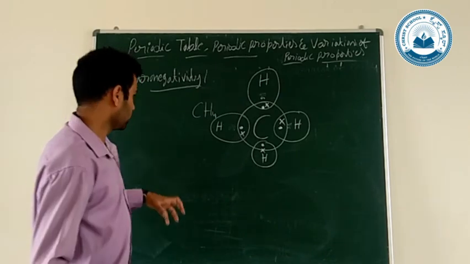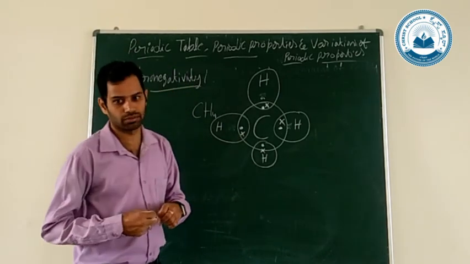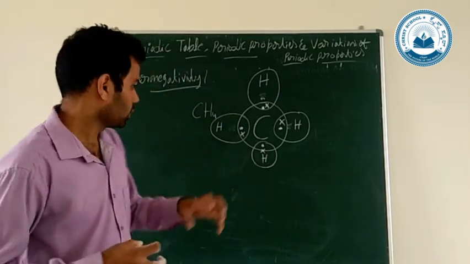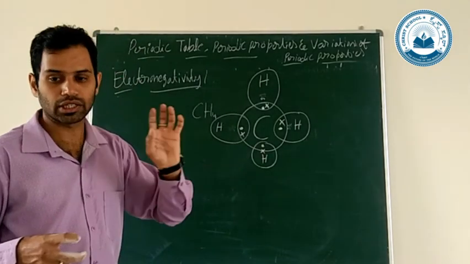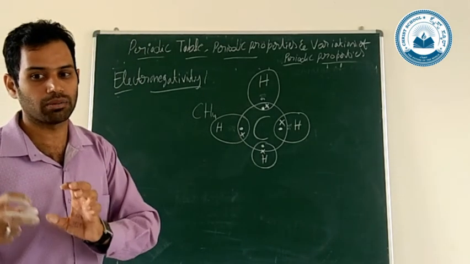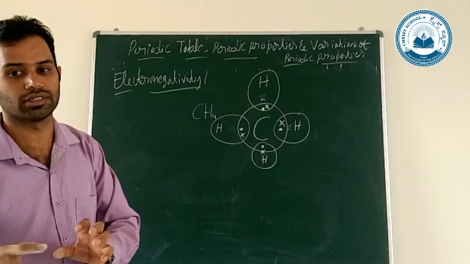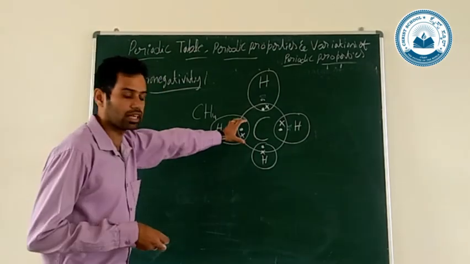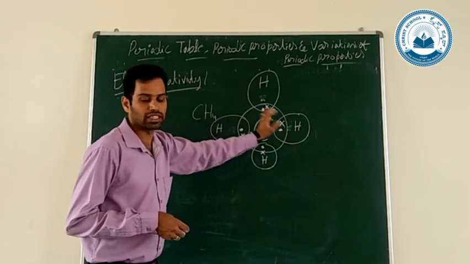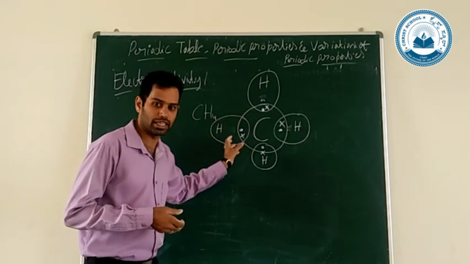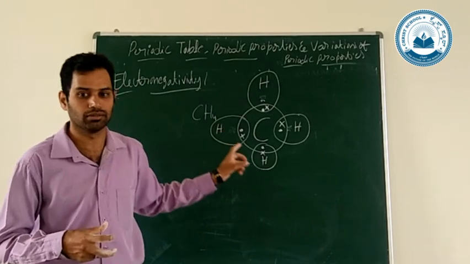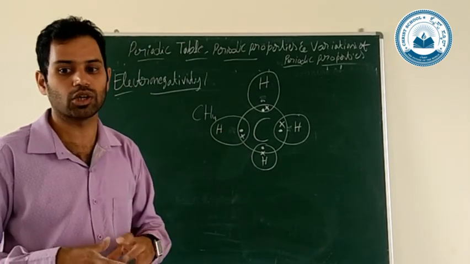Now see that it attracts the electron towards itself. What is the definition of electronegativity? The tendency of an atom in a molecule to attract the shared pair of electrons. Carbon, by sharing electrons with hydrogen, forms the compound methane. That is the tendency of the carbon, the electronegativity.